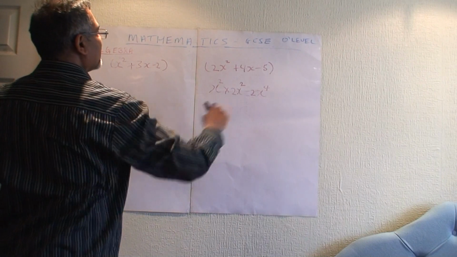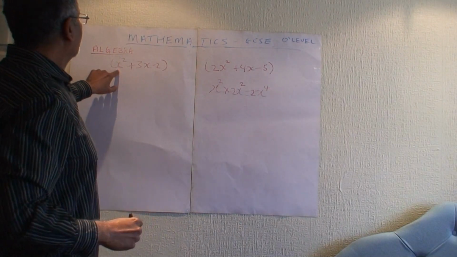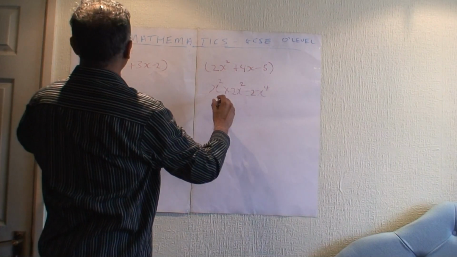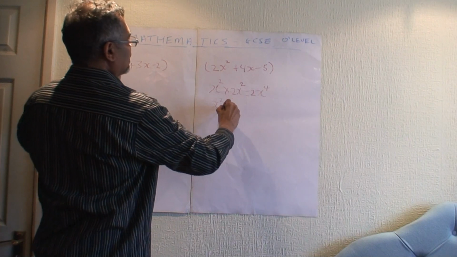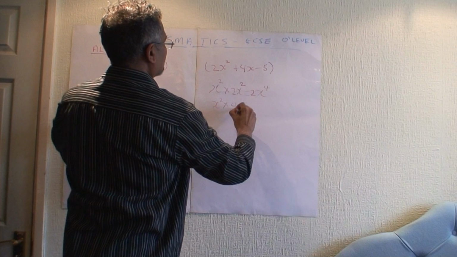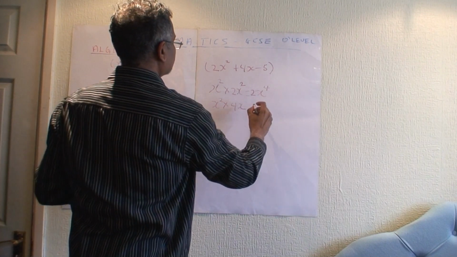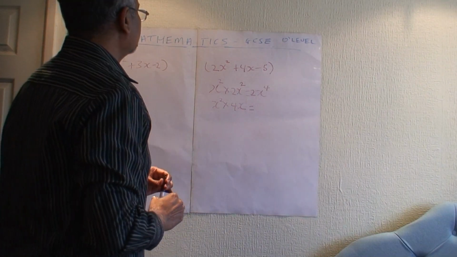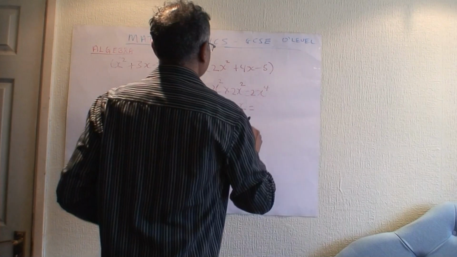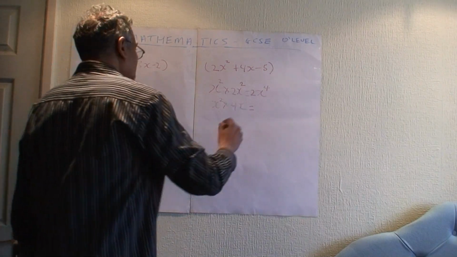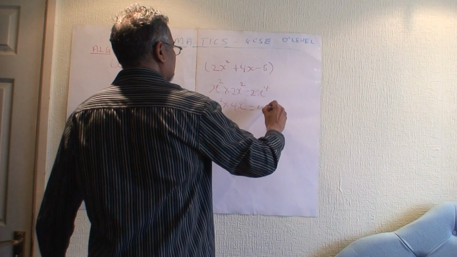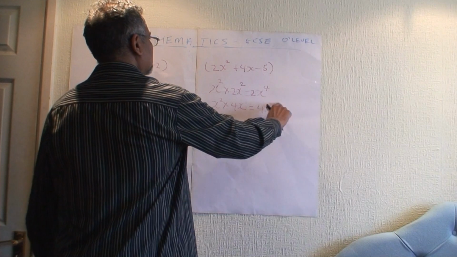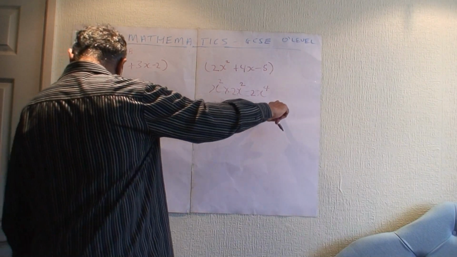Then x squared multiplies by 4x, that is 4x to the third power.